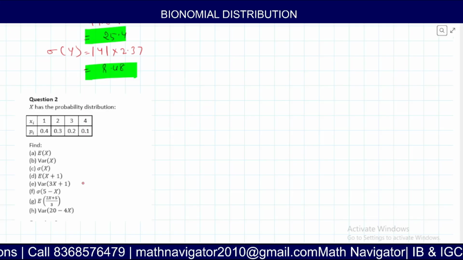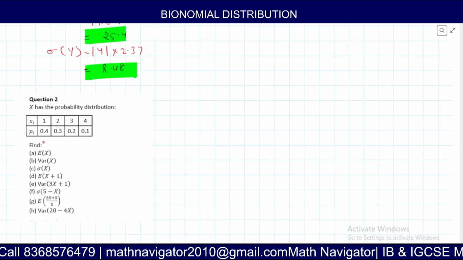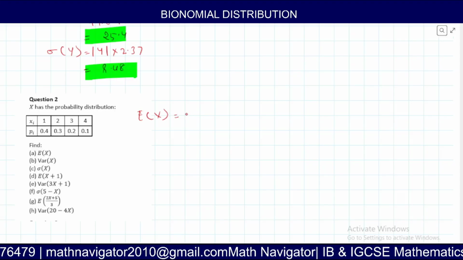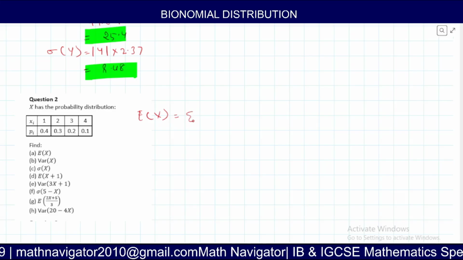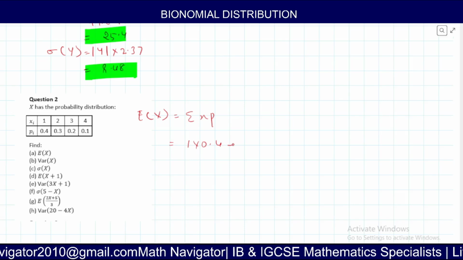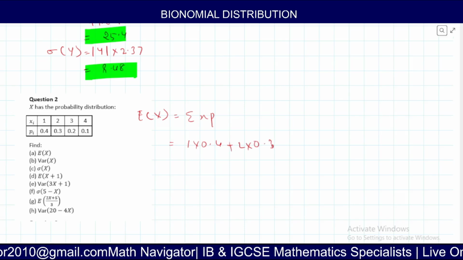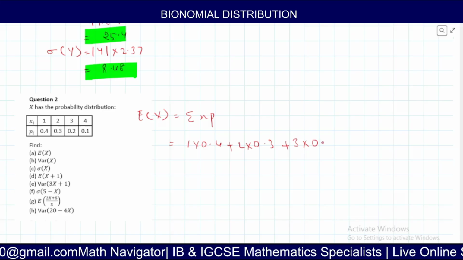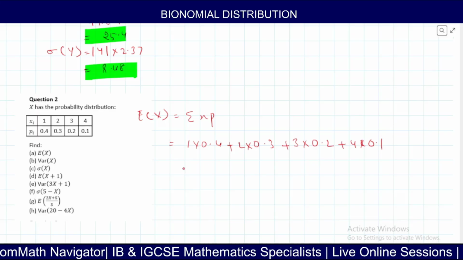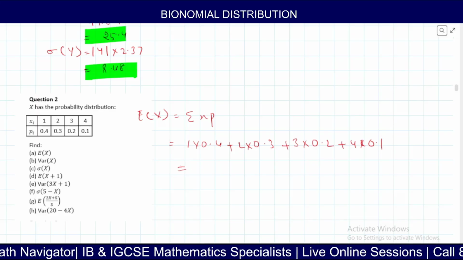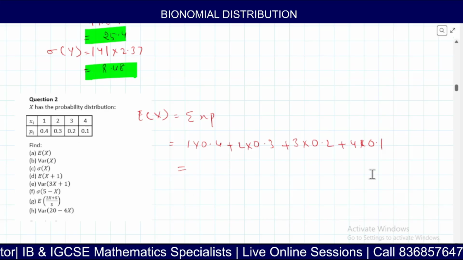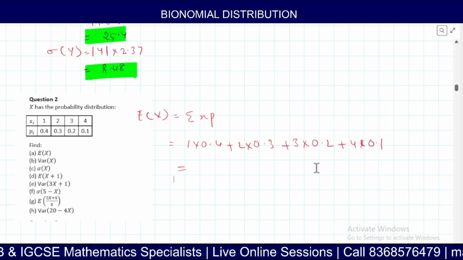Find expectation of X. In the last video, we have done how to find the expectation of X, which is sigma XP. So 1 times 0.4 plus 2 times 0.3 plus 3 times 0.2 plus 4 times 0.1. We will put it directly into the calculator, because you already know the formula.